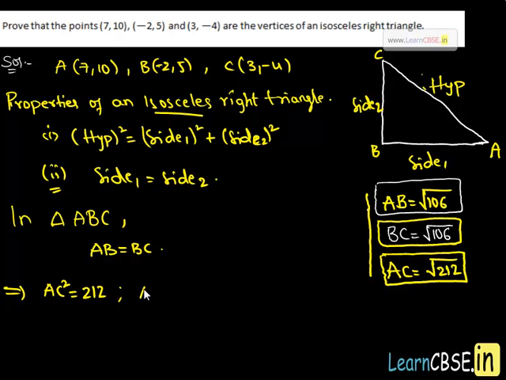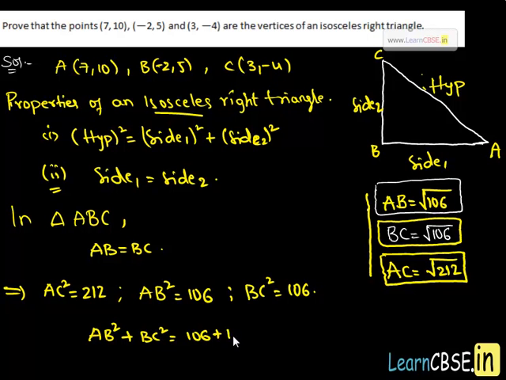And we have the squares of the other two sides, that is AB square is 106 and BC square is 106. The sum of the squares of AB and BC is 106 plus 106, which is equal to 212. This value is equal to the hypotenuse square.